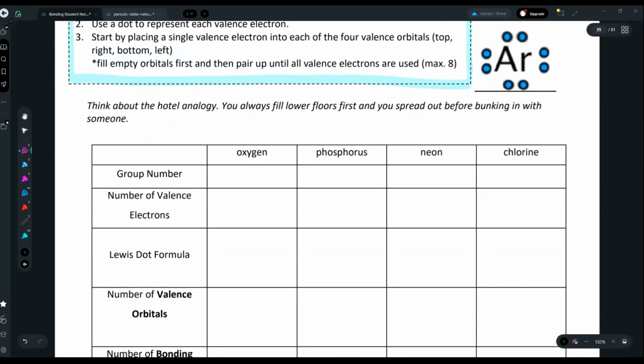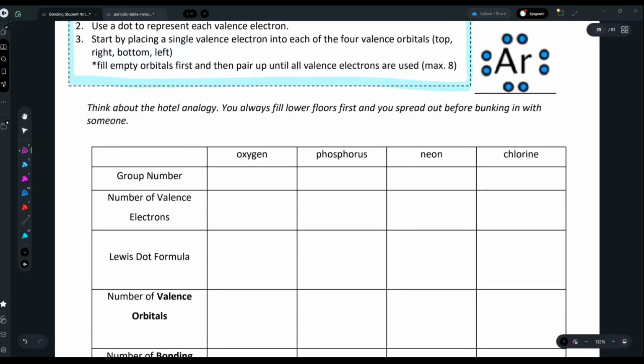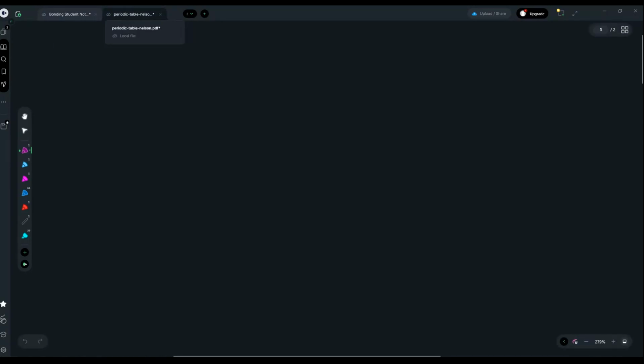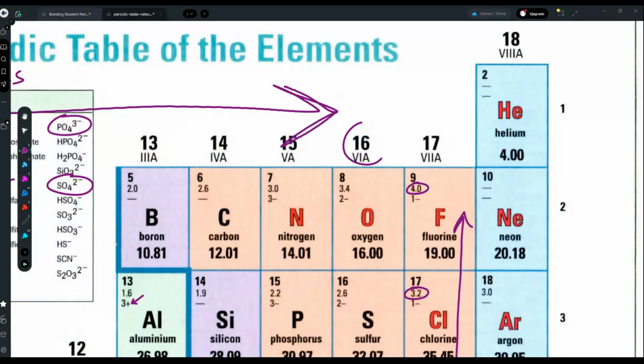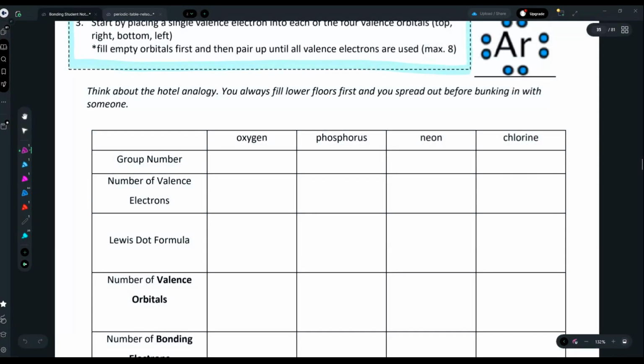Okay, so let's do some examples here. For oxygen, if we look and find oxygen, it's in group 16. And remember that the last digit of the group number tells you how many valence electrons an element has.